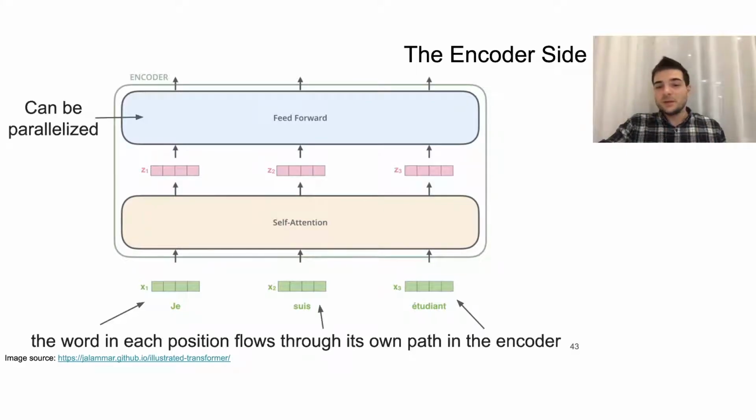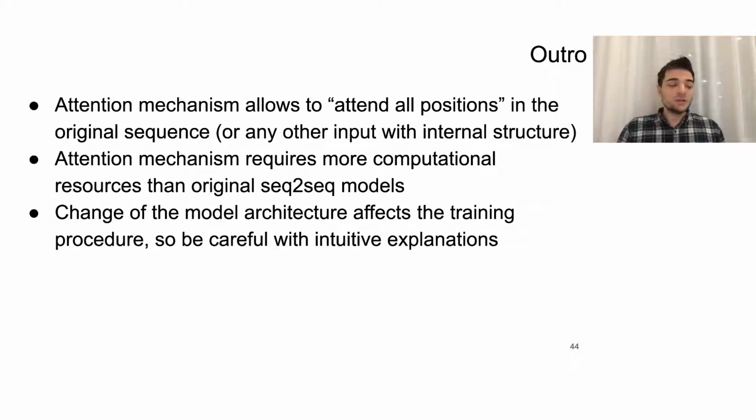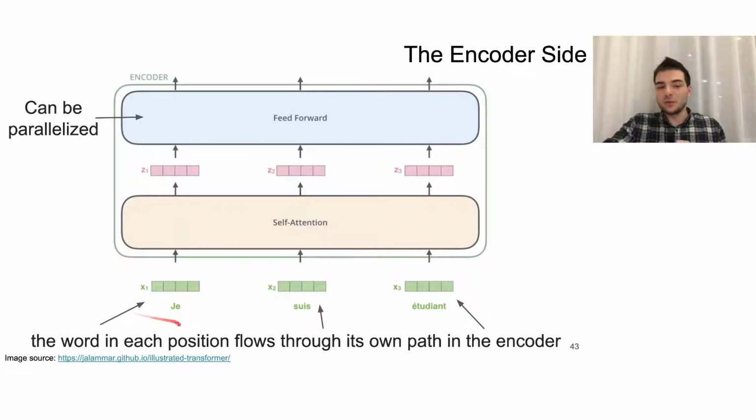So, all right, here is the outro about the attention mechanism. I hope now you have a feeling that you understand it. If you have any questions, please ask me in the chat on the webinar, or ask each other. I highly recommend reading this beautiful post by Jay Alammar.